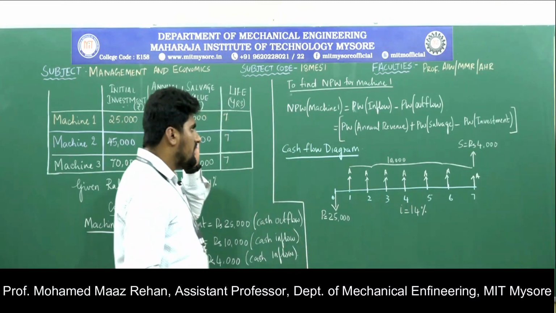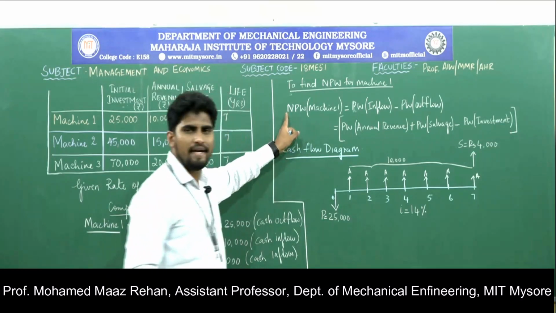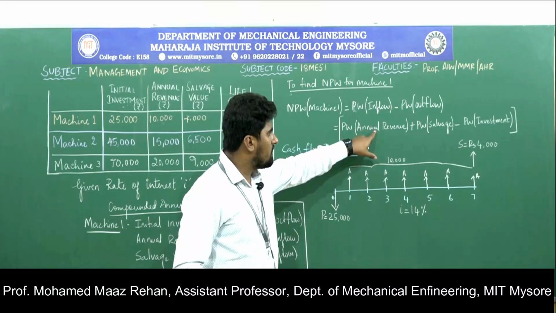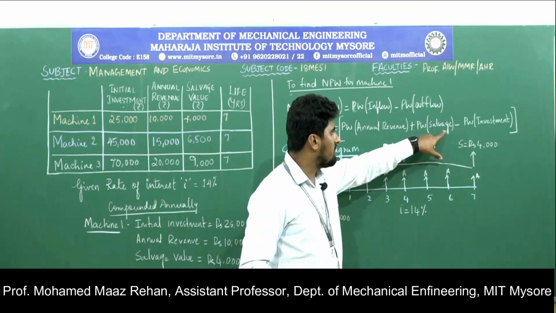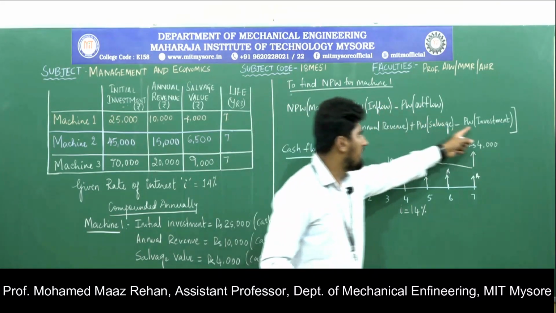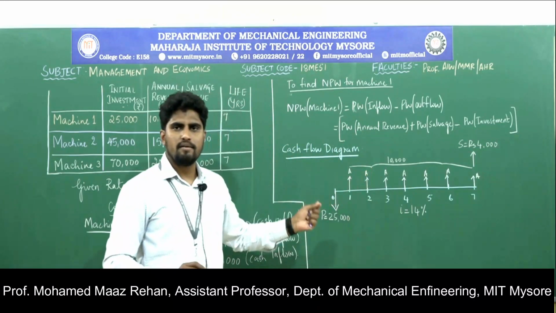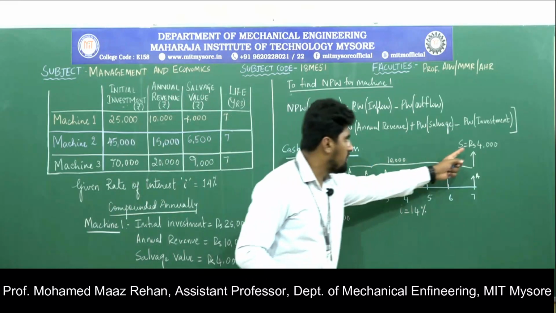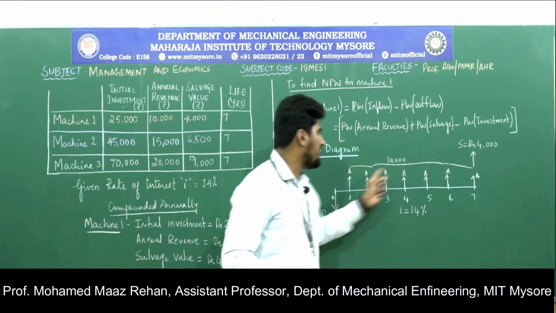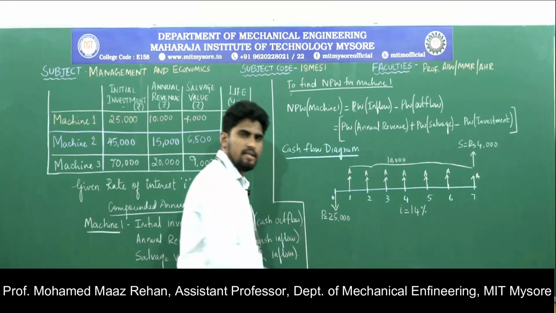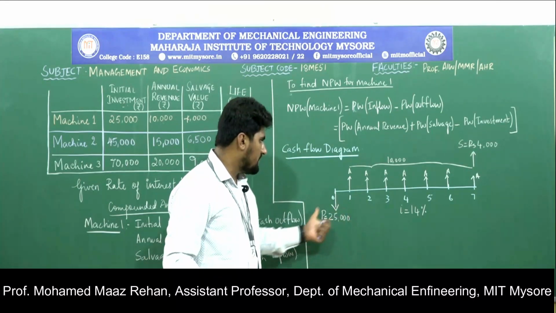Initially, we have to find the net present worth of machine 1. Present worth of annual revenue and present worth of salvage are inflows. Next is present worth of investment. Basically, in present worth, we are converting the salvage value and annual revenues to P. The investment is at time 0, so you need not convert it.